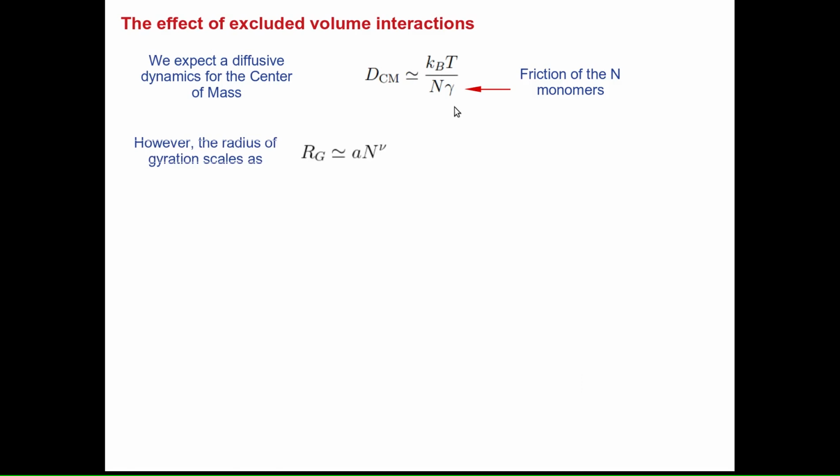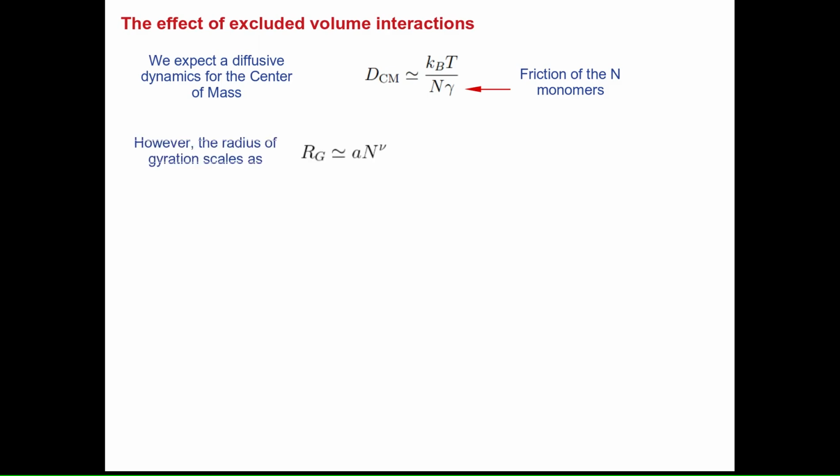Even if we have excluded volume, the total friction will always be additive, like the number of monomers times the friction per monomer. So even in the case of excluded volume interaction, we expect that the diffusion coefficient will still scale in the same way as the ideal Rouse model.